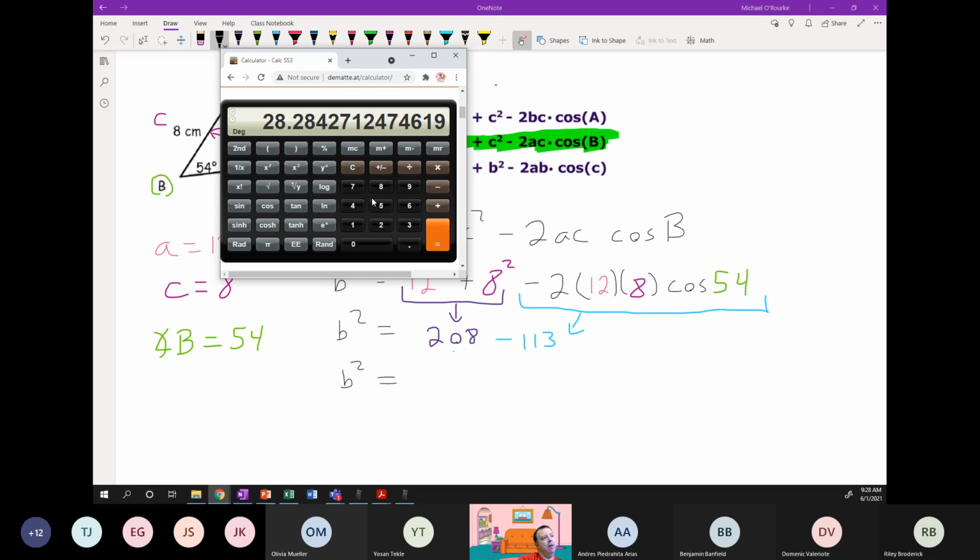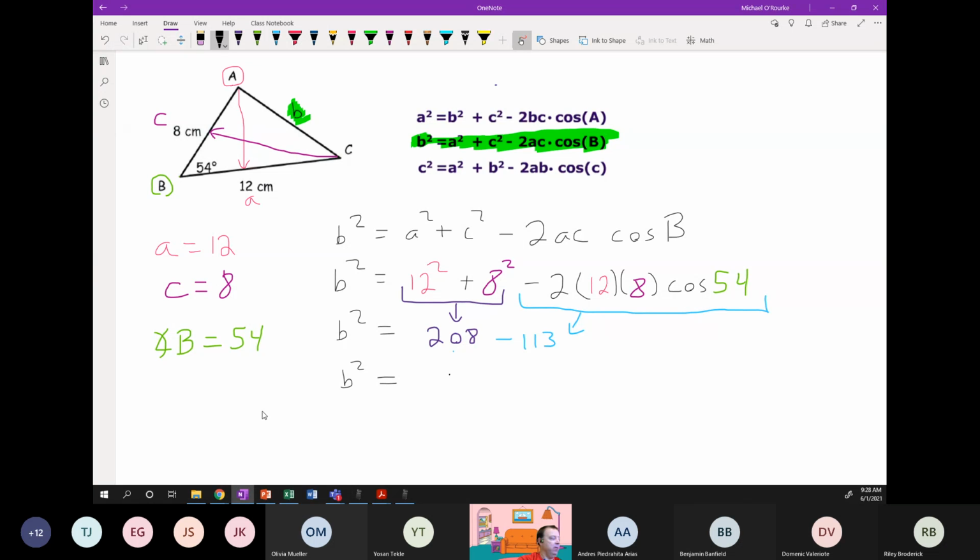I would write 54 cos times 8 times 12 times 2 negative. Try that and tell me if you got it. If you work backwards, all the numbers kind of line up that way. Then we just add these two together.